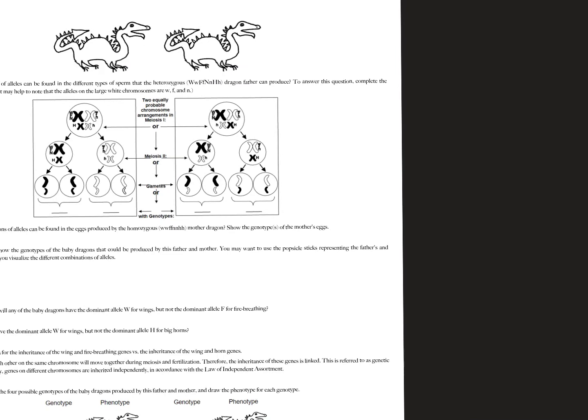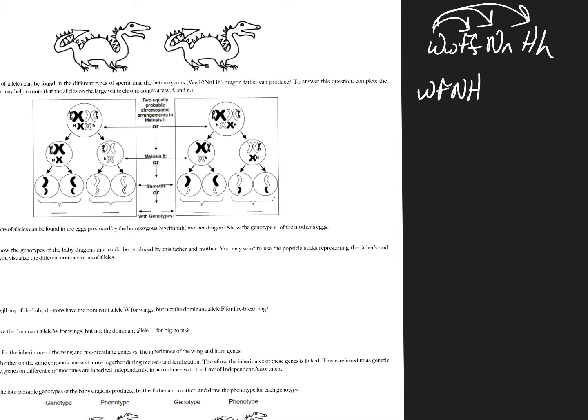Notice if they weren't linked, you would have a much more complex series of considerations, because then big W, big F, big N, little n, and big H, little h that were not linked, you could get big W, big F, big N, big H, or big W, little f, etc. You'd have all kinds of various possible combinations.